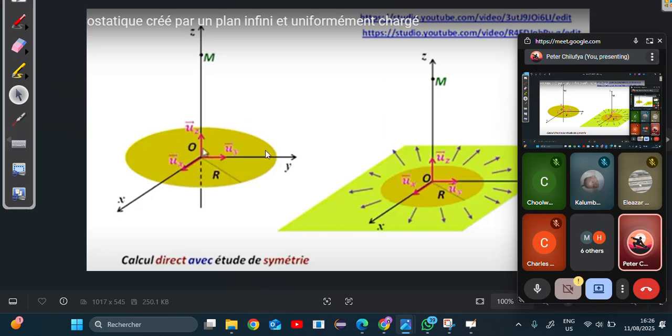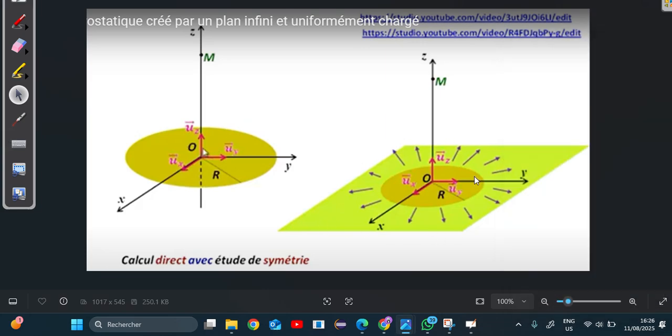Okay, so we consider this is an infinity plane. If you're able to see it, this is an infinity plane. It keeps on going in all these directions. So it's infinite. So it's not just represented here. So now this is what we call a disk. Okay. So we're going to do two questions actually.